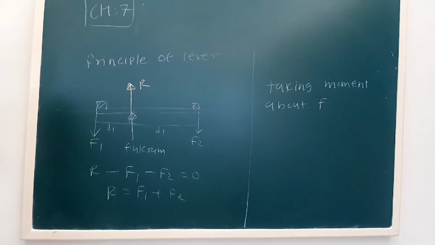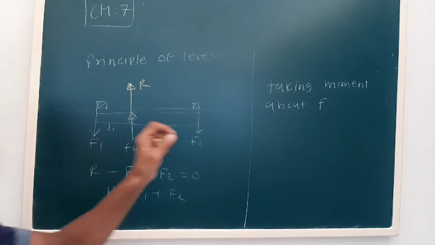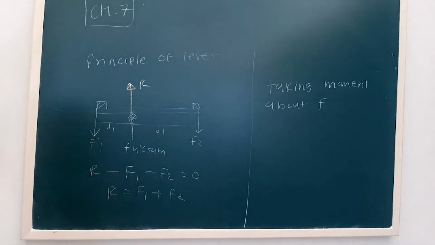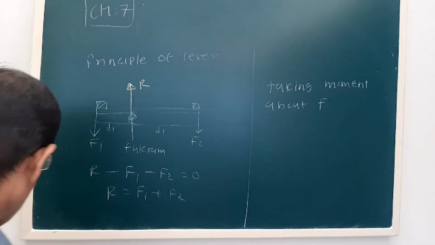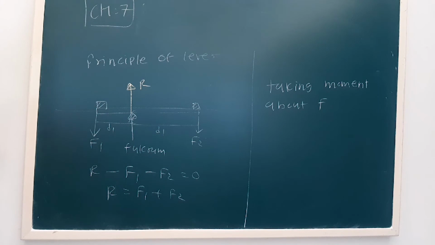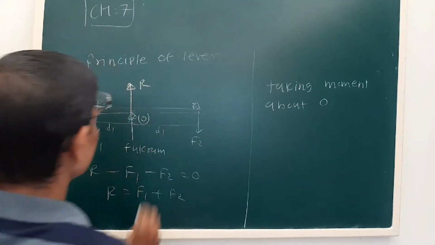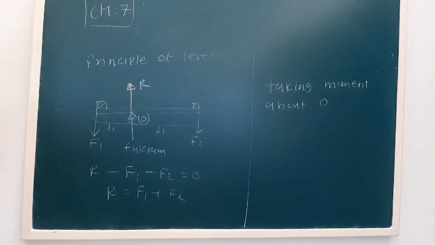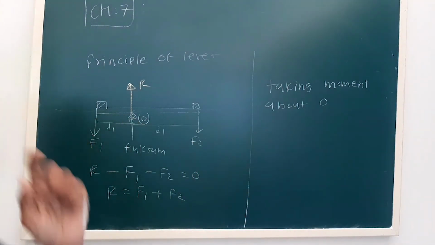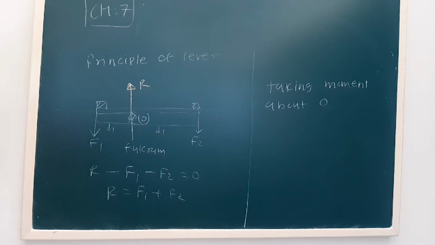So what we understand is that we are calculating torque about fulcrum F. Now you can give any other point O, so that we do not get confused with the forces F1 and F2 here. Now see what we consider.